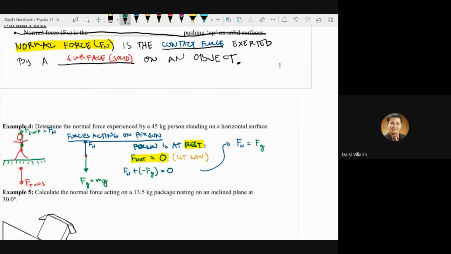So the normal force, in this particular case, is just equivalent to the mass times the acceleration due to gravity, which is 45 multiplied by 9.8. So the normal force is equal to 4.4 times 10 to the power of 2 newtons, and this is upward.